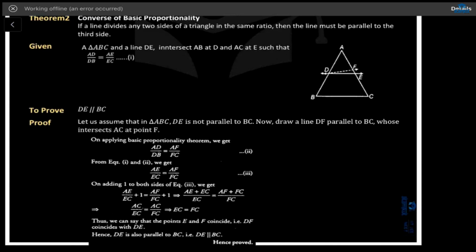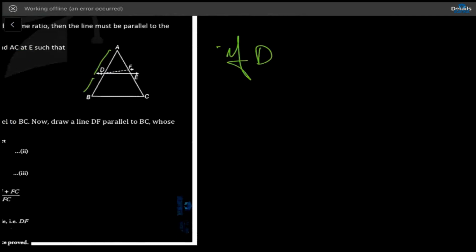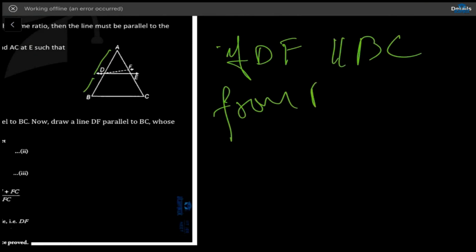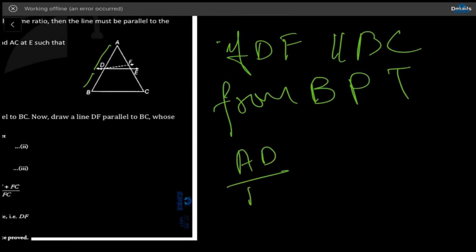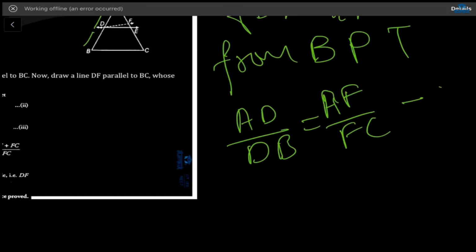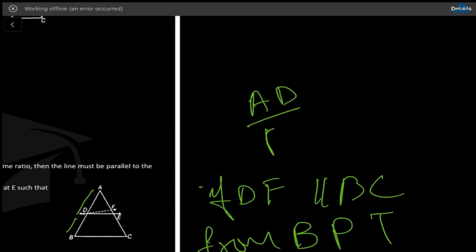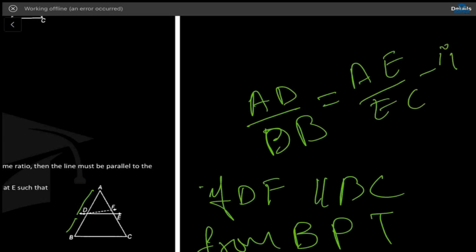From BPT, it is clear that AD by DB is equal to AF by FC, because this is what BPT states. And it is given to us in the starting only that AD by DB is equal to AE by EC, equation number 1. This particular thing is given to you in the question.